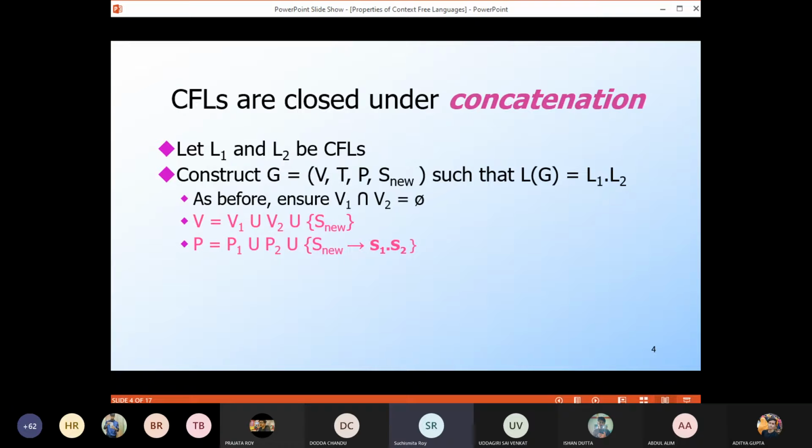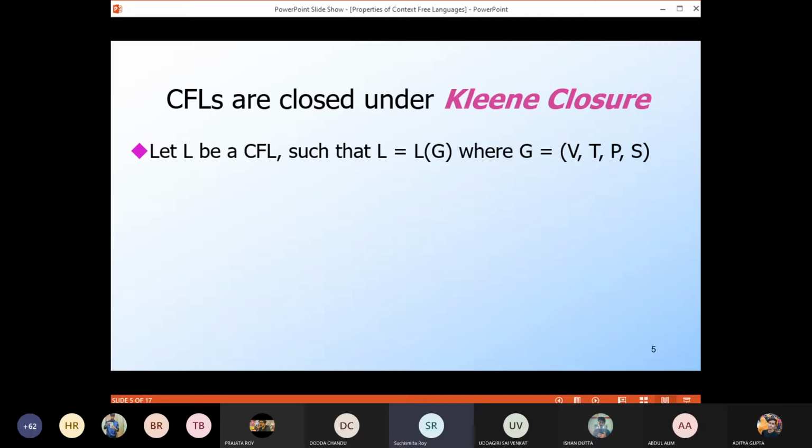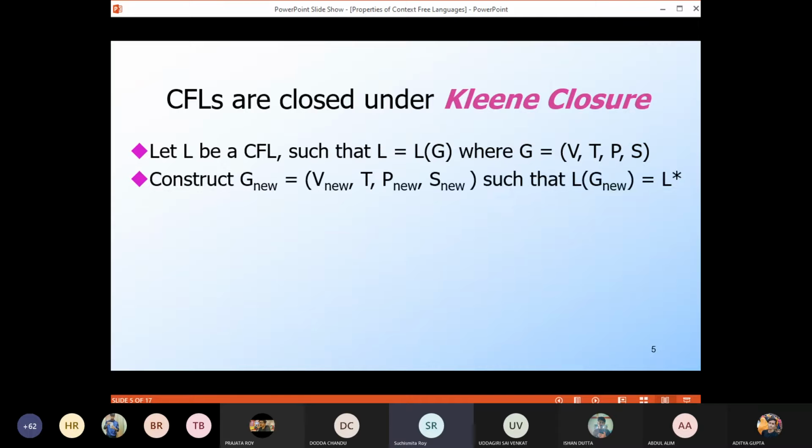Then Kleene closure. Kleene closure, remember, is 0 or more occurrences of a given string. Let L be a context-free language which is defined by a grammar. Now to construct a new grammar whose language is the Kleene closure of the previous grammar, you just add one variable to the set of variables.